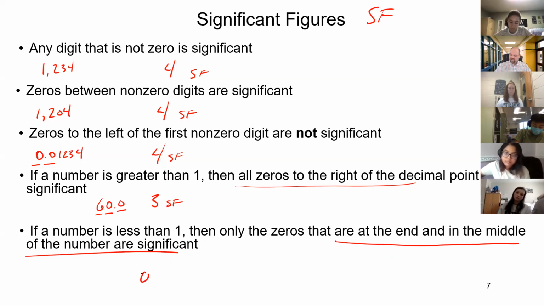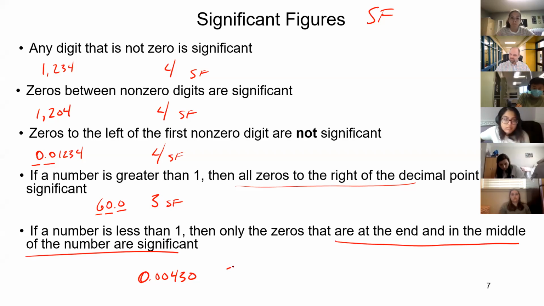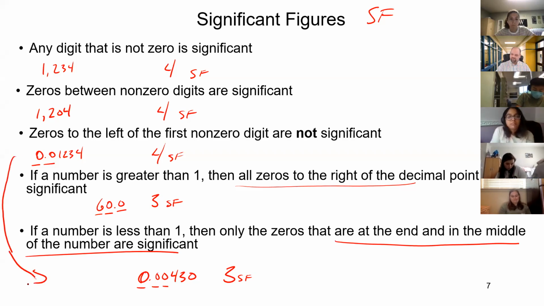And so if we had a number like 0.00430, how many sig figs are there? 3. This one is just 3, because these 3 zeros fall under the rule up here. They're to the left of the first non-zero digit.